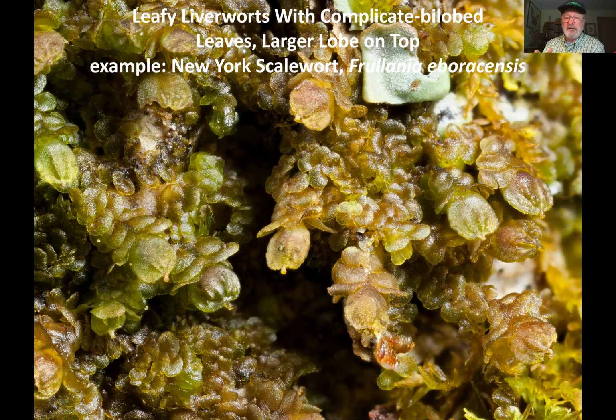But since these perianths that house the archegonia and from which the sporophytes emerge are persistent, and variable, they're useful in identification. When they're present, it's great. Perianth, what a bad name. Why? Well, first of all, that's a flowering plant term, and it means the calyx and the corolla of a flower.